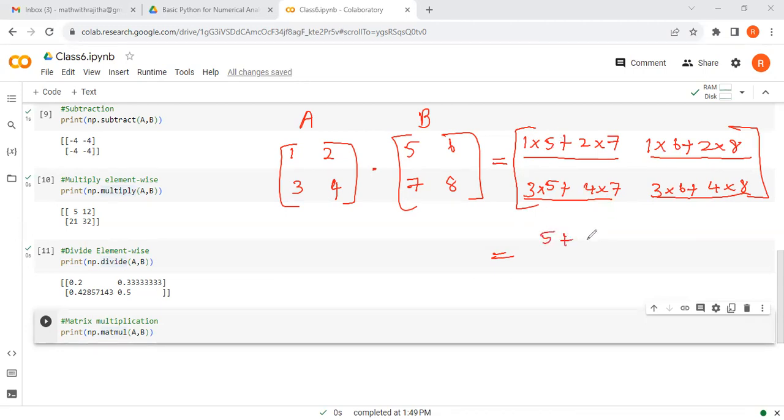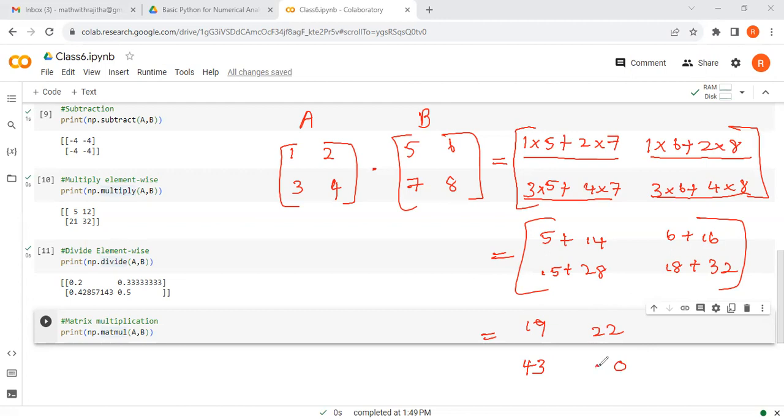Here, 5 plus 14, 6 plus 16, 15 plus 28, 18 plus 32. 5 plus 14 is 19. 6 plus 16 is 22. 15 plus 28 is 43. 18 plus 32 is 50. 19, 22, 43, 50.